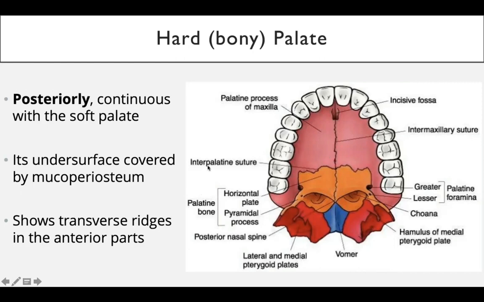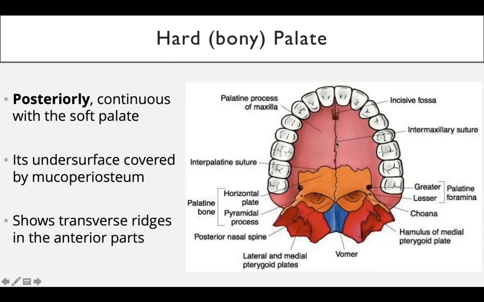There is also the interpalatine suture, which lies between the palatine process of the maxilla and the palatine bone. These bones have a horizontal plate and a pyramidal process. So what you need to remember here is that the hard or bony palate is formed by the palatine process of the maxilla on both sides and the palatine bone posteriorly.